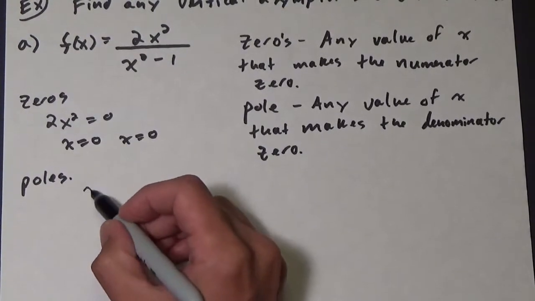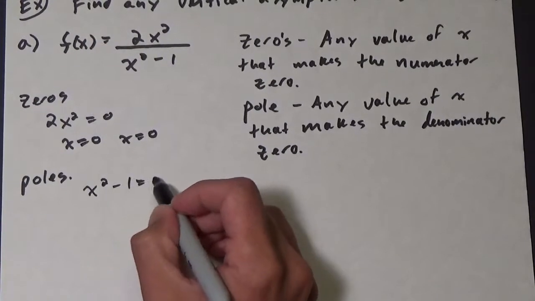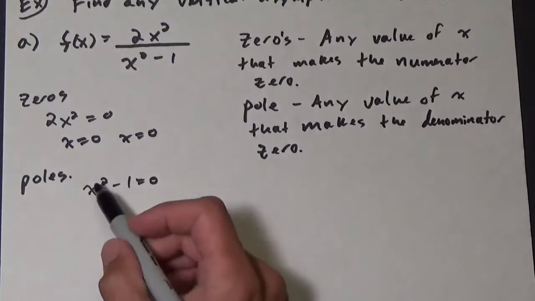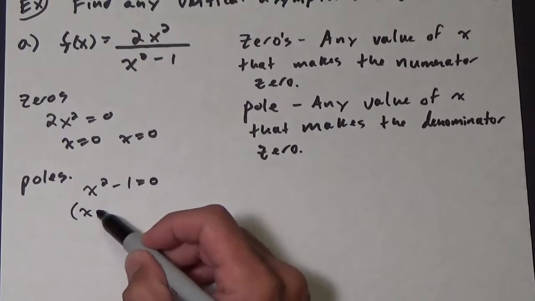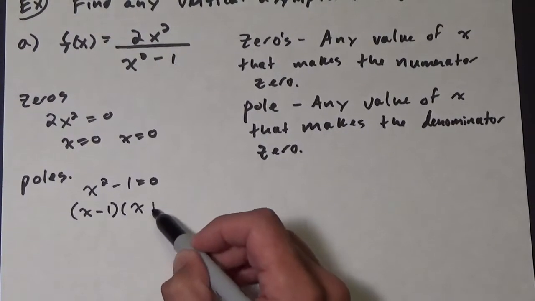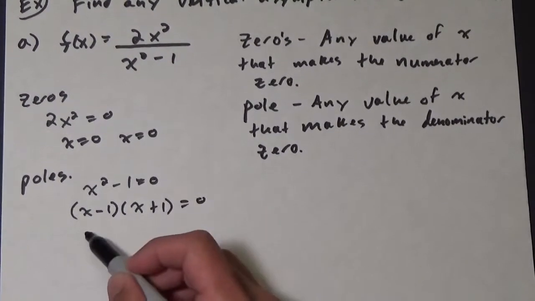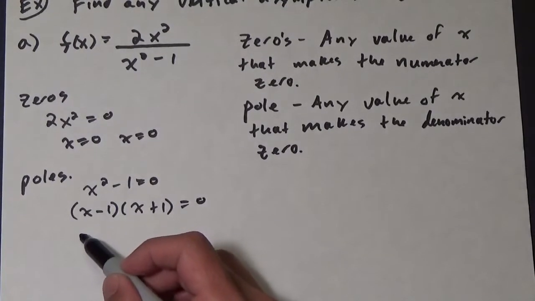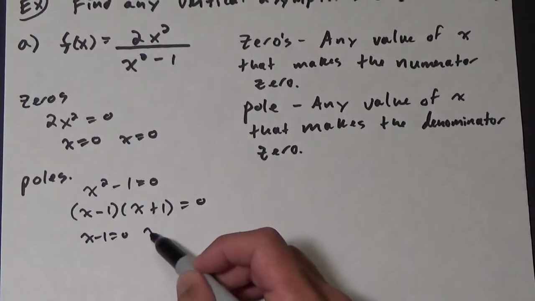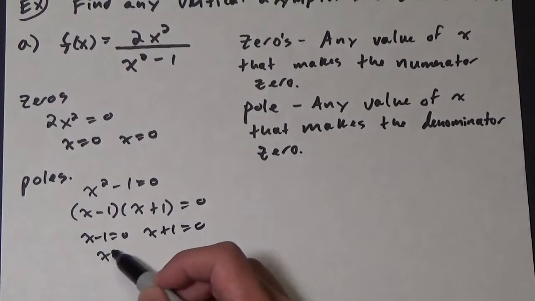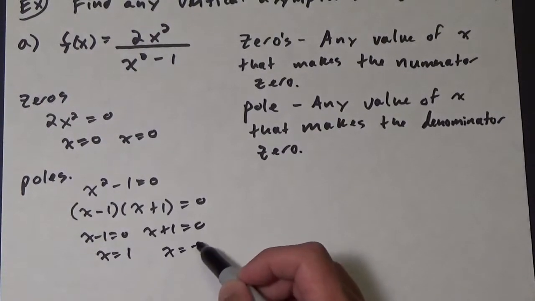This particular one, we would have x squared minus 1 equals 0. So we gotta figure out if we can solve this. So I believe that's x minus 1 times x plus 1 equals 0. So we end up with x minus 1 equals 0, x plus 1 equals 0, so x equals 1, and x equals a negative 1.